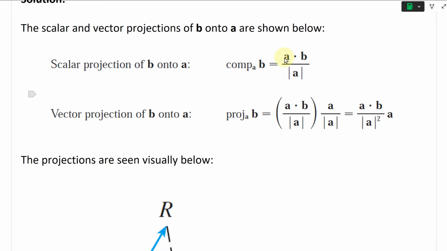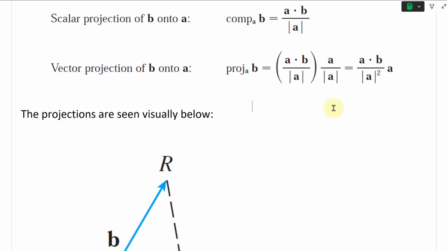It is equal to A dot B divided by the length of A. Then the vector projection of B onto A is equal to the component of B onto A, that's this part right here, times the unit vector in the direction of A. So A vector divided by the length of A, which equals A dot B divided by the length of A squared, times the A vector.